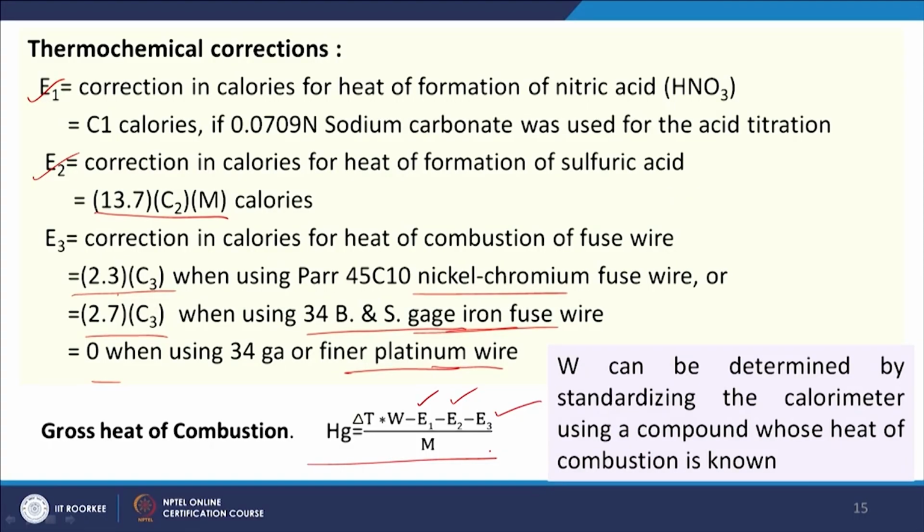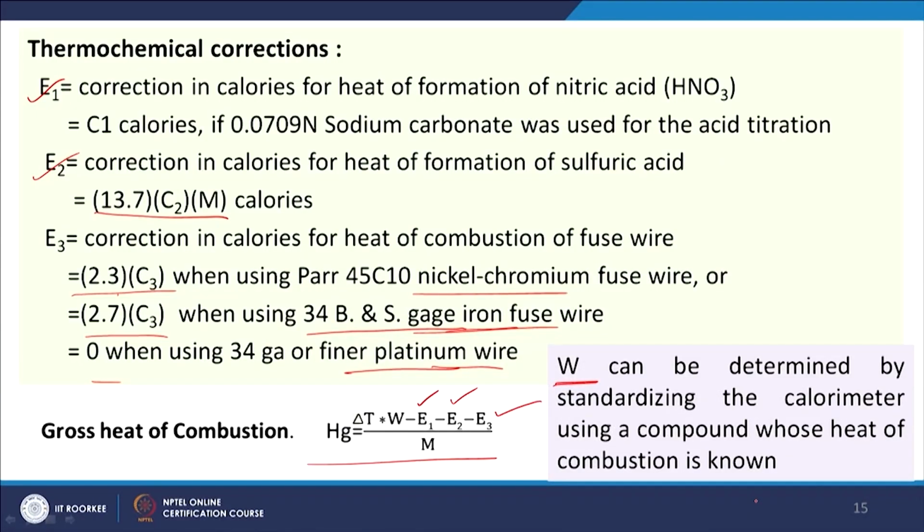So, this is the formula through which we can calculate the gross heating value. Then this W value, the water equivalent value of the bomb calorimeter, is a property of a calorimeter. So, we need to determine it.